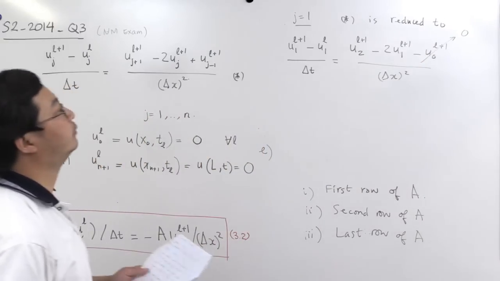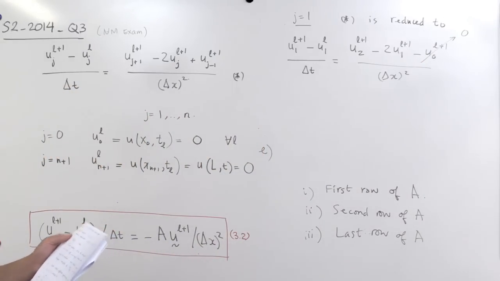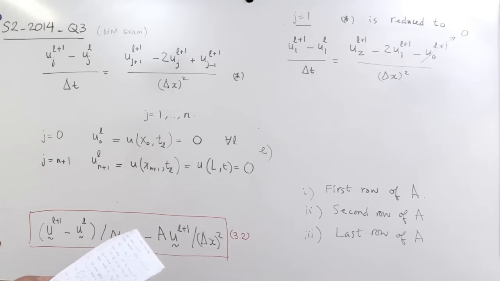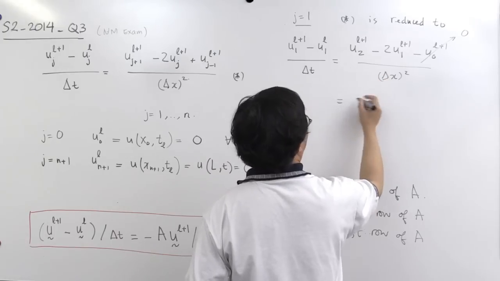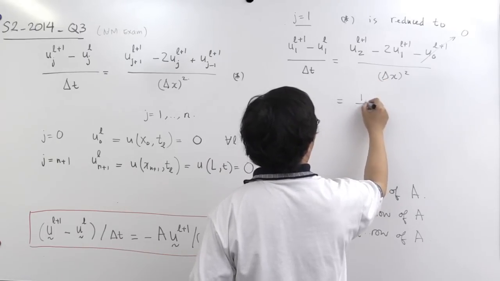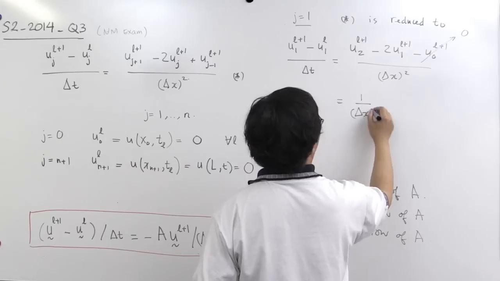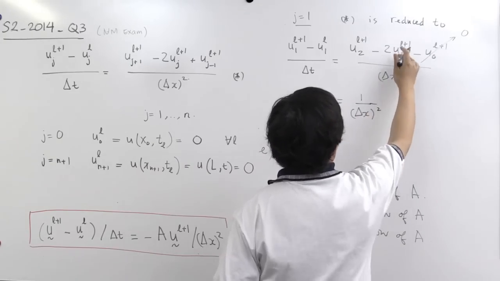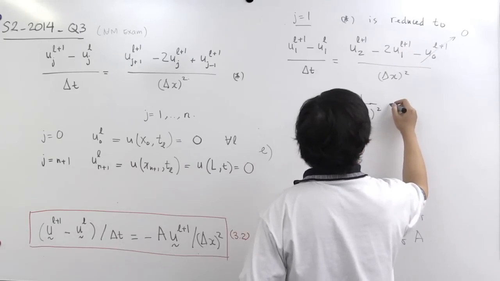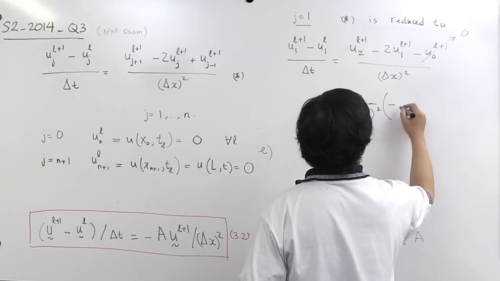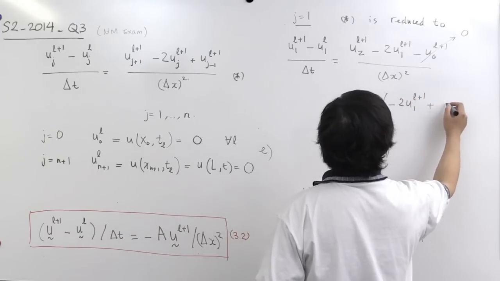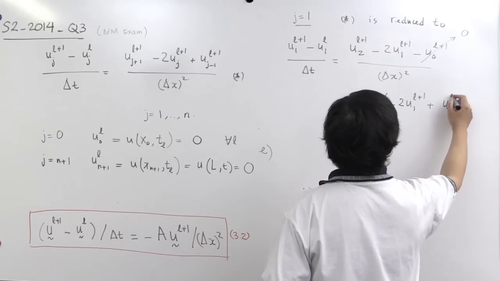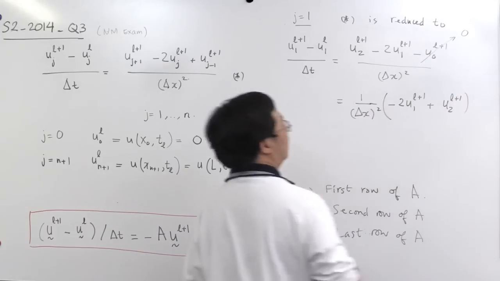Okay. So if I write down explicitly, this one is just 1 over delta x squared, and then I have minus 2u_1^{l+1} plus u_2^{l+1}. Okay.